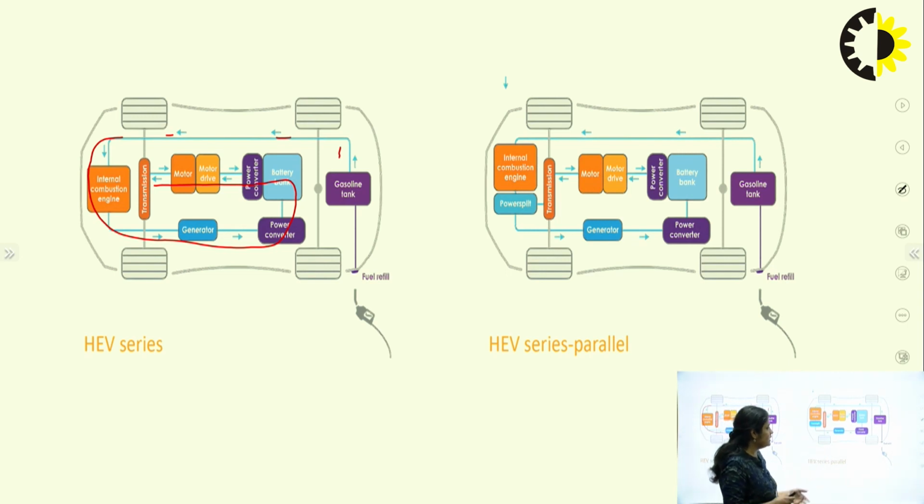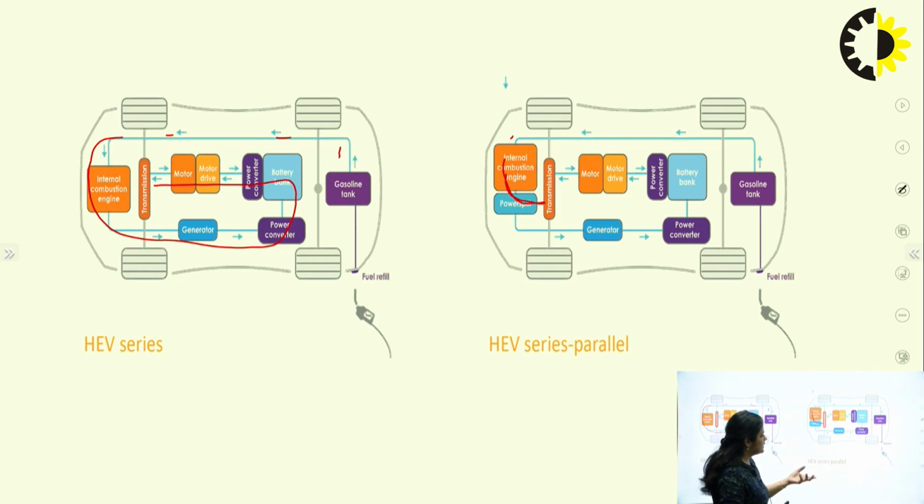In this series parallel, you can see the power flows from the IC engine through the generator. This is a series path, and this goes to the wheels like this. So both the series and parallel combination are shown here.